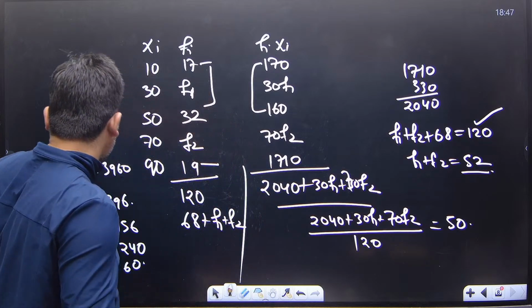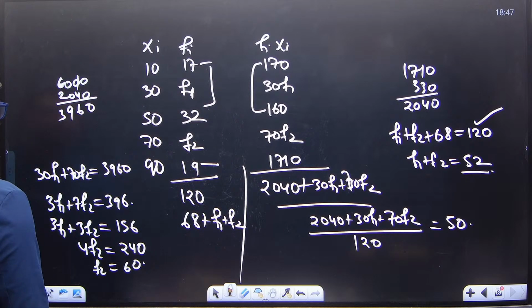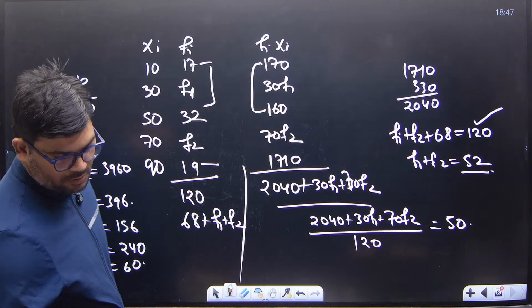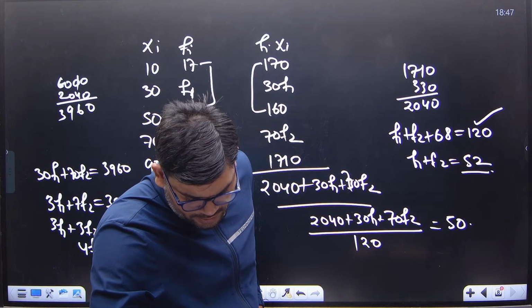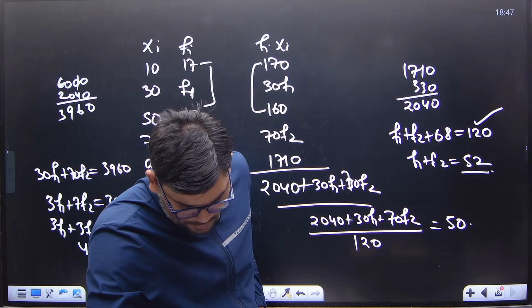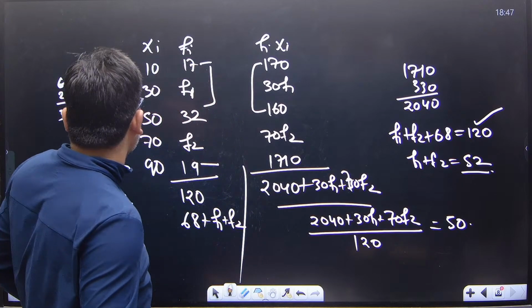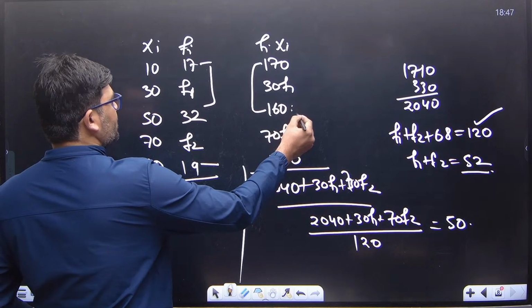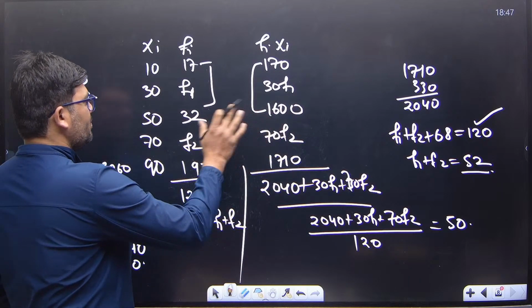Okay, this is 252. We should have got 252. So this is incorrect. I think the total sum needs to be checked again. I missed some 1600 here, my dear. This should have been 1600. The sum is incorrect.